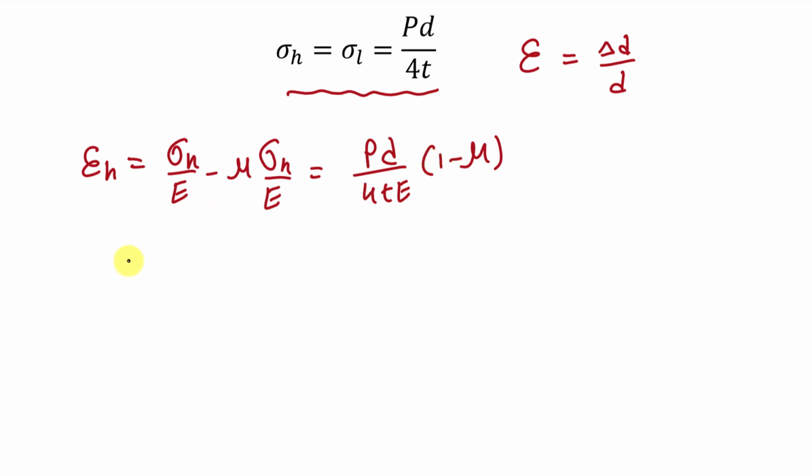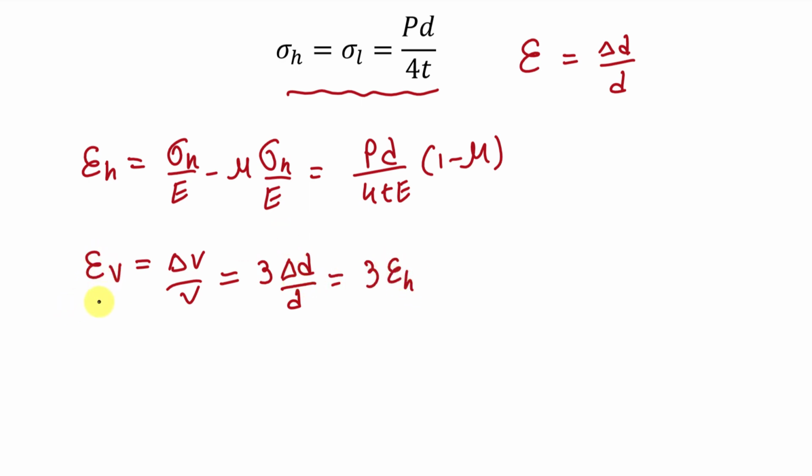And now we can also find volumetric strain, that is delta V divided by V. And we know that for sphere, delta V divided by V is equal to 3 into delta D divided by D. Means we can write that it is equal to 3 into epsilon H. Right?